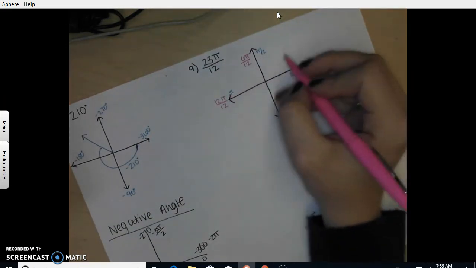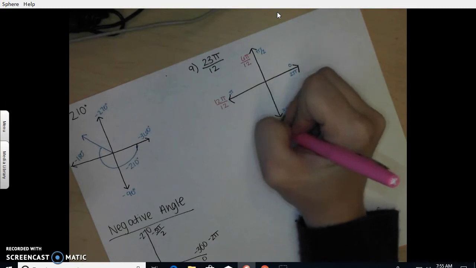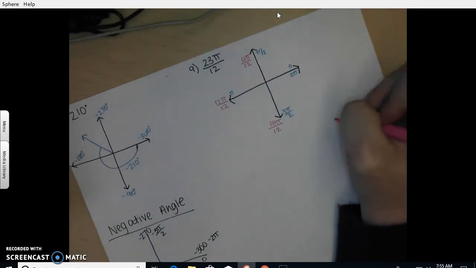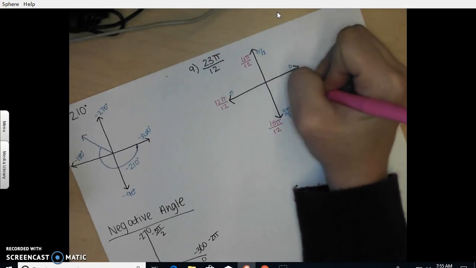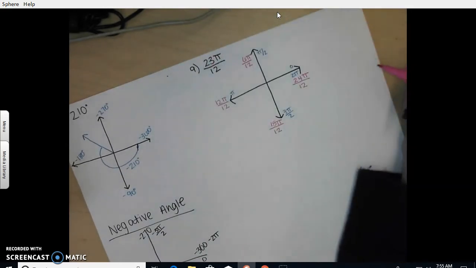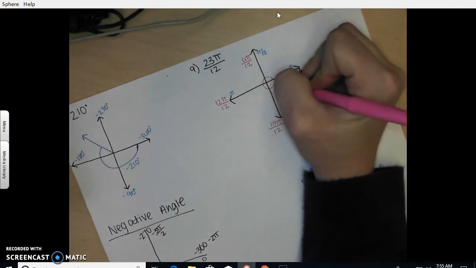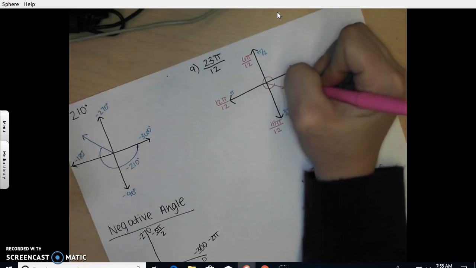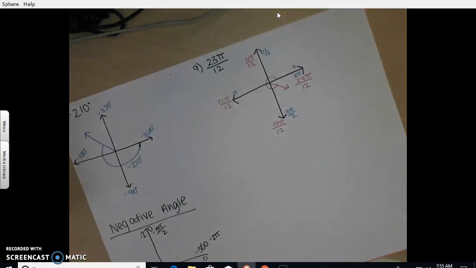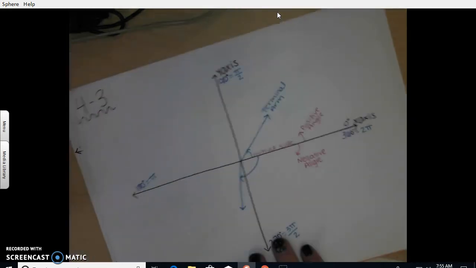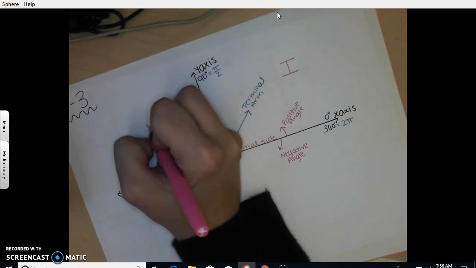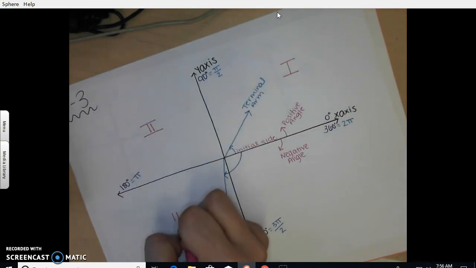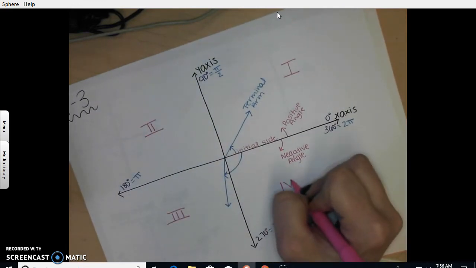Then I add the 2 and I get 18 pi over 12. And 2 pi would be 24 pi over 12. And now I can see that the 23 pi over 12 is over here in our fourth quadrant. Just so we remember, this is quadrant 1, quadrant 2, quadrant 3, and quadrant 4.